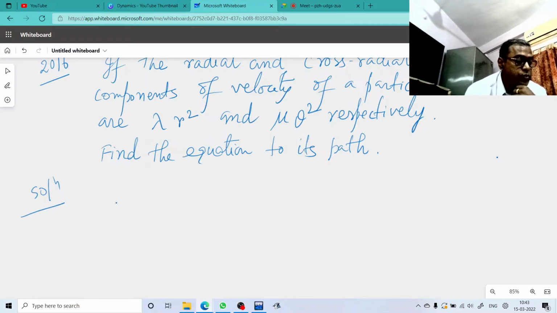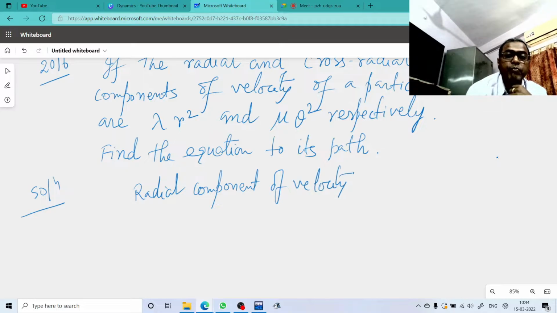By the radial and cross radial component of velocity, we know that V_r, the radial component of the velocity, equals dr/dt, and this is given as lambda r square.